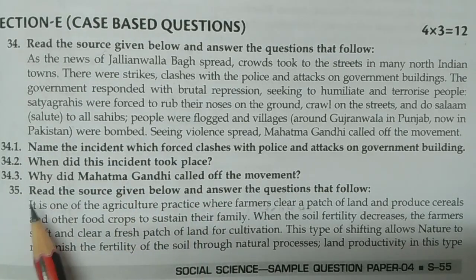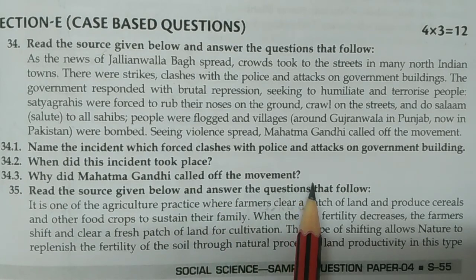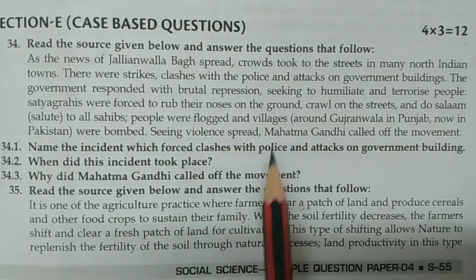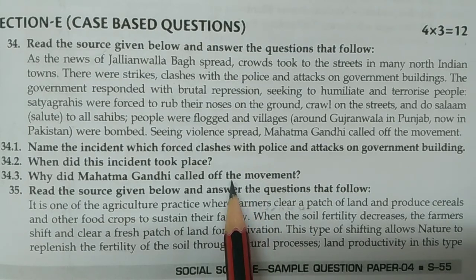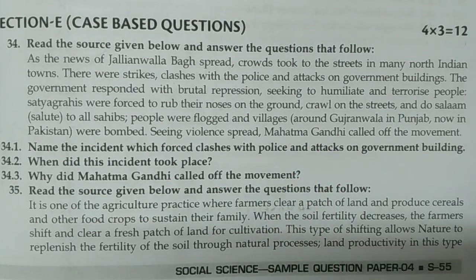And 34.3 Why did Mahatma Gandhi call off the movement? Now you can easily find all these answers, as they are easy and interesting questions, and you have this case-based paragraph to find them from.